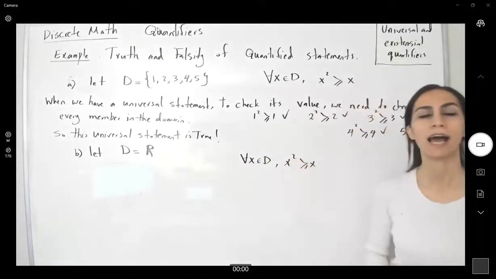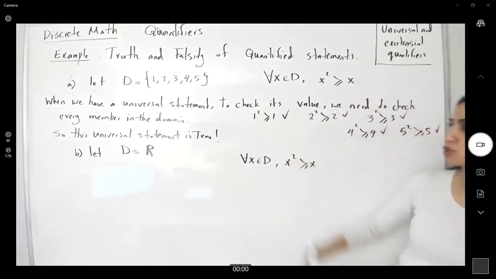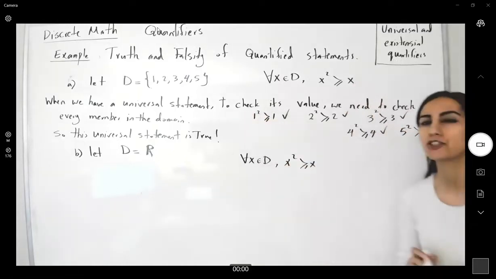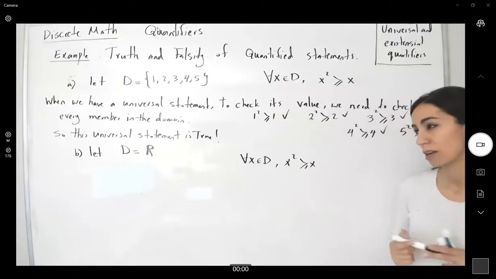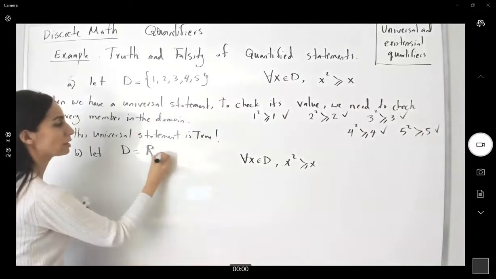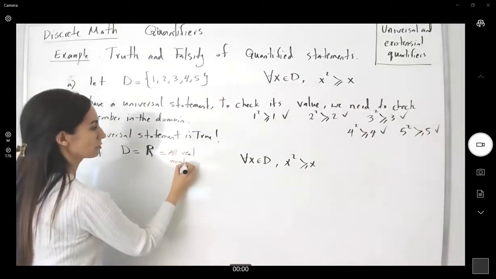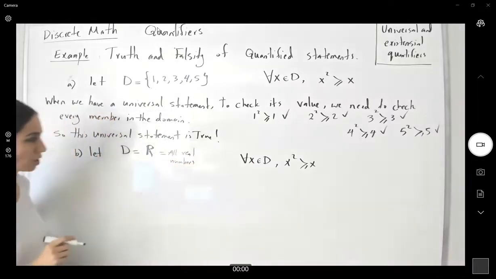I know when I have a finite number of values in my domain, it's super easy to check each one of them. But here I have R. R is the set of all real numbers. How do we check each one of them?